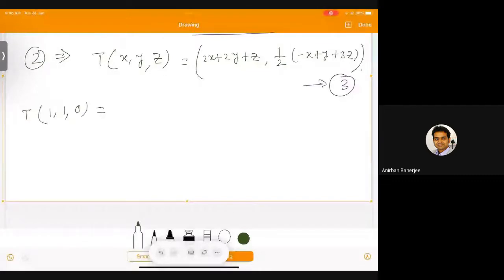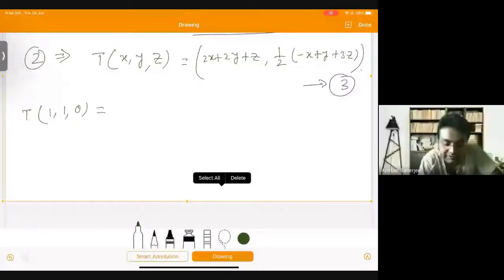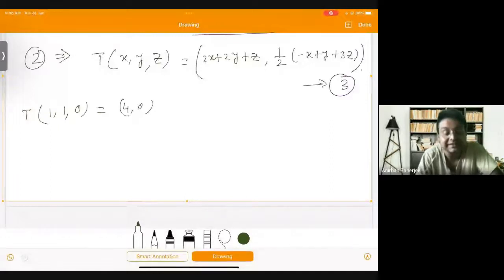Okay, now you apply this formula, which is in 3, and we get 4 comma 0. Fine. But 4 comma 0 is in the standard coordinate system. We have to figure out this 4 comma 0 with respect to the B2 prime coordinate system, right?